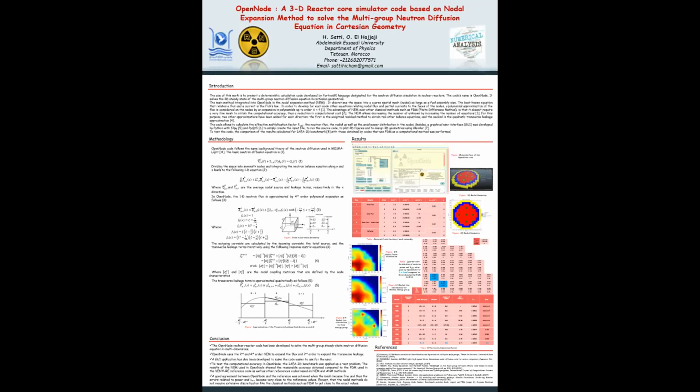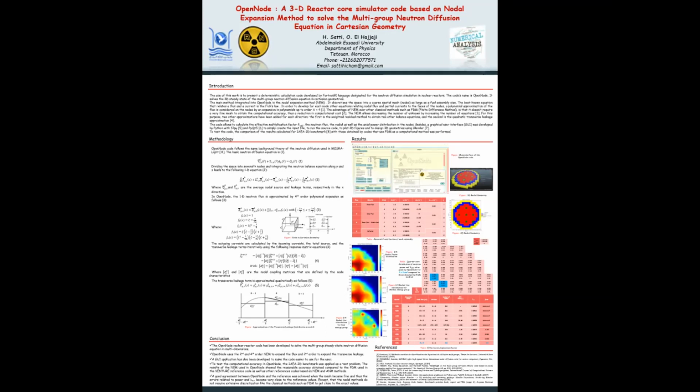The advantage of the nodal expansion method over other classical methods, such as the finite difference method, is that it doesn't require a very thin mesh to obtain the computational accuracy, thus a reduction in computational cost.